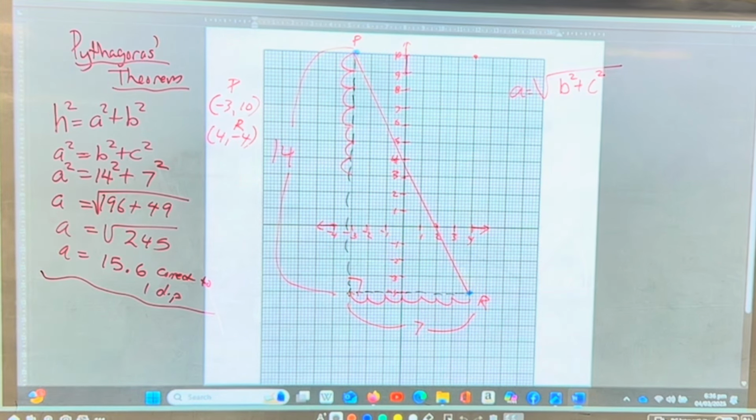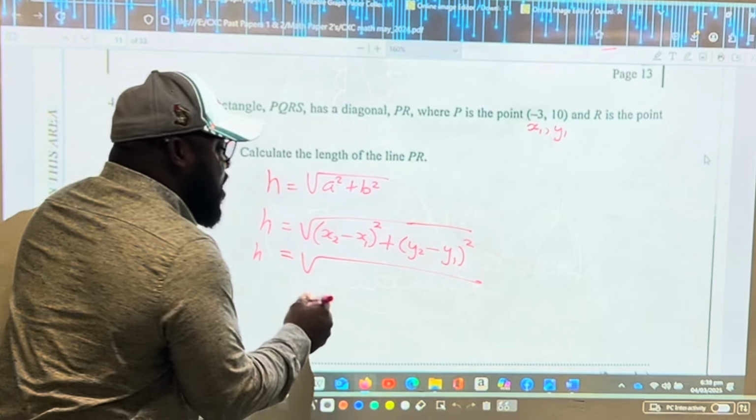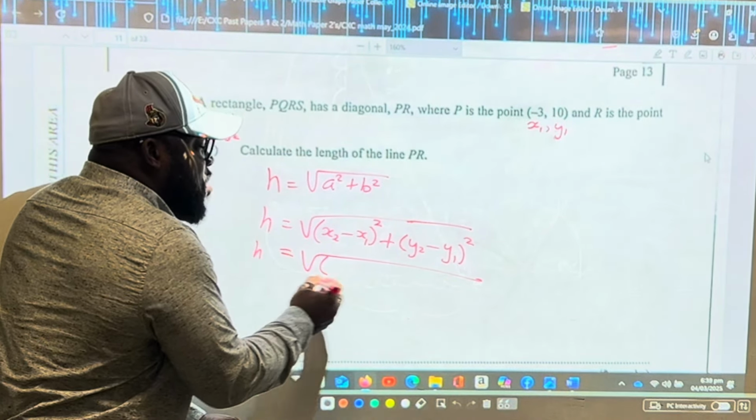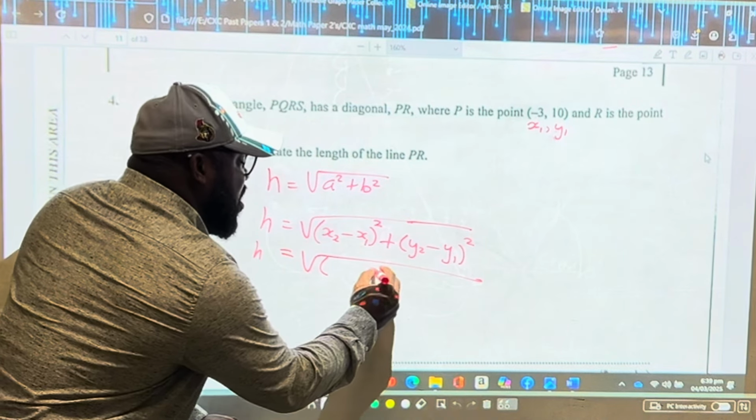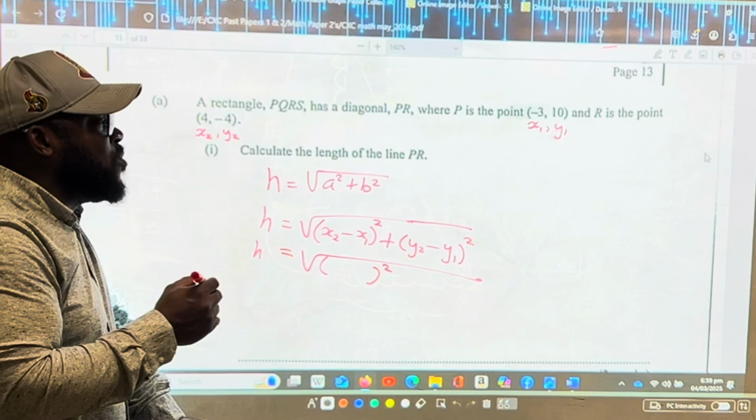Someone will give me x2 minus x1 squared. Someone will give me x2 take away x1.